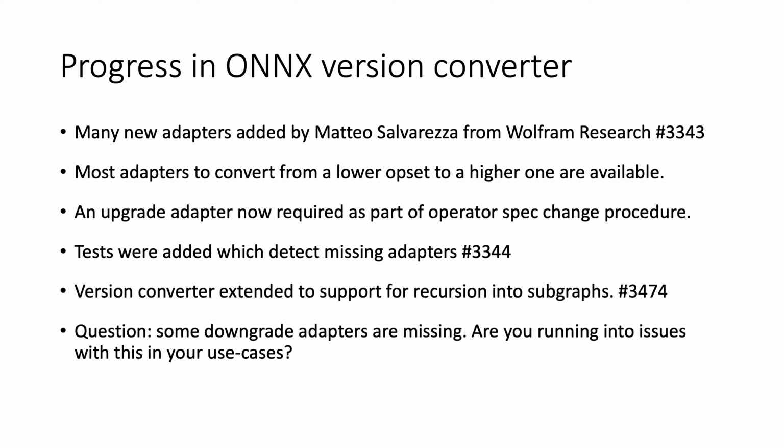And we also have now tests which automatically detect if such an upgrade is missing when a new operator version is being added. So as part of the process of adding a new version of an operation, a converter or an adapter for this specific conversion from the older opset to the newer opset should be provided as well. And these tests will make sure that this happens.